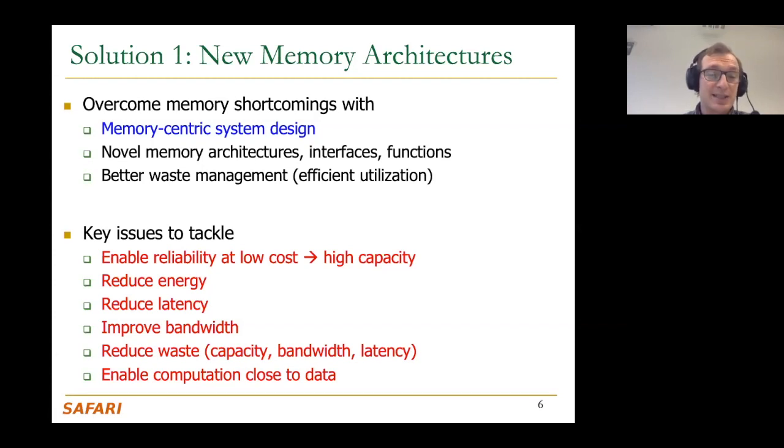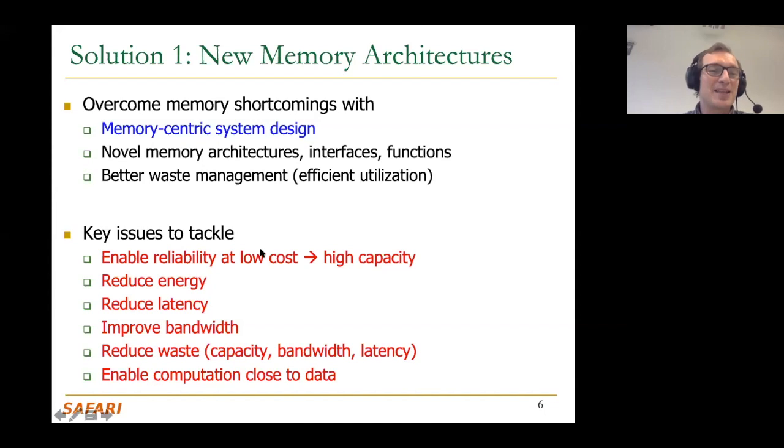As a result, you enable a lot of these key issues to be tackled much more easily, because you're reducing energy directly, you're reducing latency, and you're hopefully improving bandwidth because you're not transferring a lot of data on the memory bus. You're reducing waste on the memory bus. And if you enable computation close to data, maybe you also enable reliability and security functions close to data. That could make reliability and security much easier to deal with, as we will discuss in the next lecture about Rowhammer.